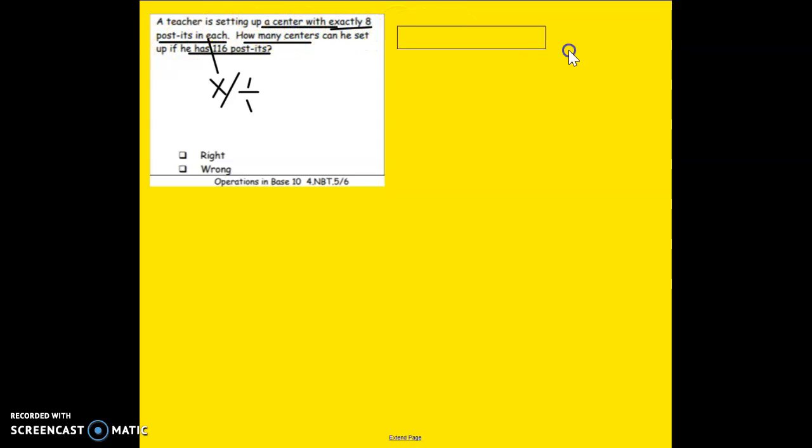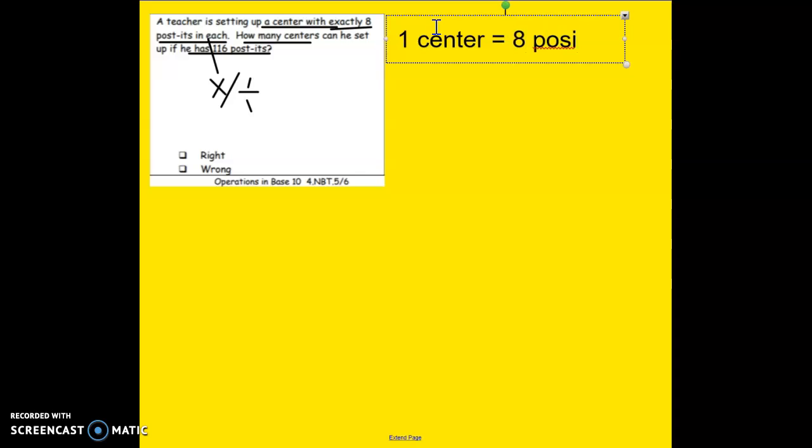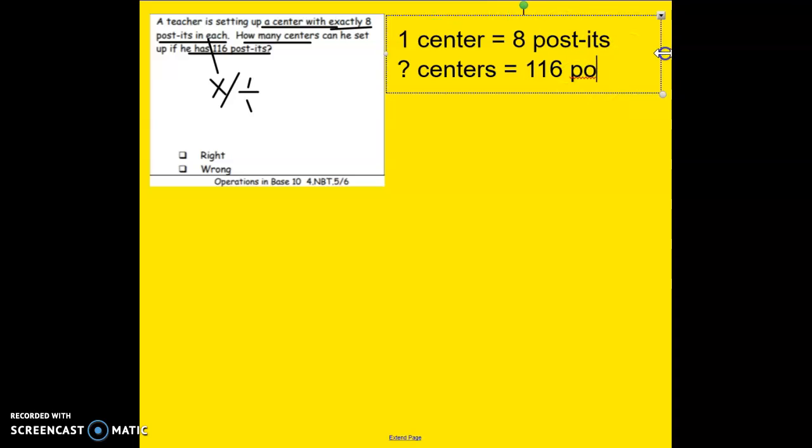So let's write that down. And I am looking for how many centers, so question mark, centers, will this teacher be able to make if he has 116 post-its.